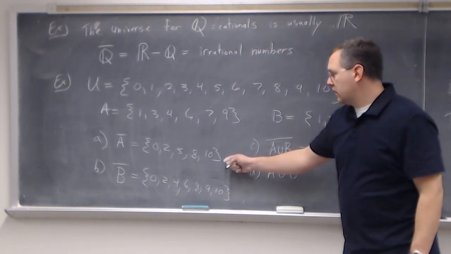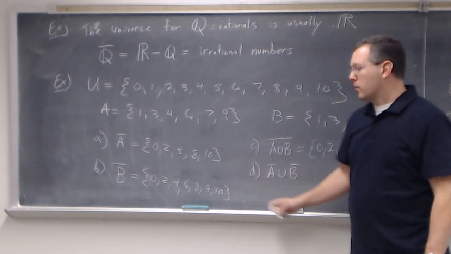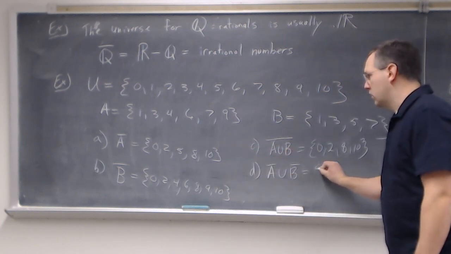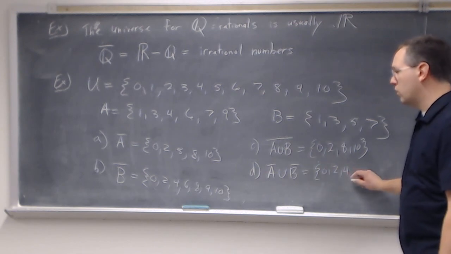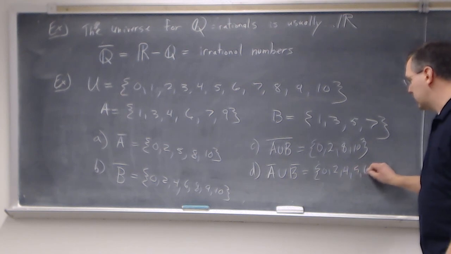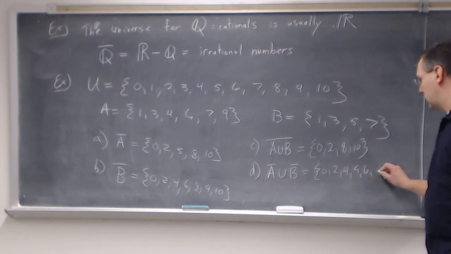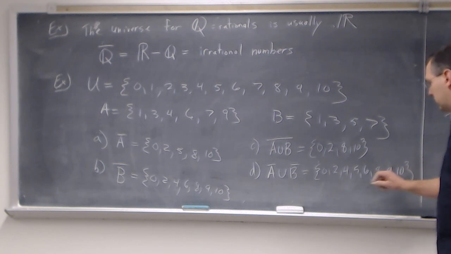We've got the complement of A and the complement of B already on the board. So now just take the union of these two sets: 0, 2, 4, 5, 6, 8, 9, 10.